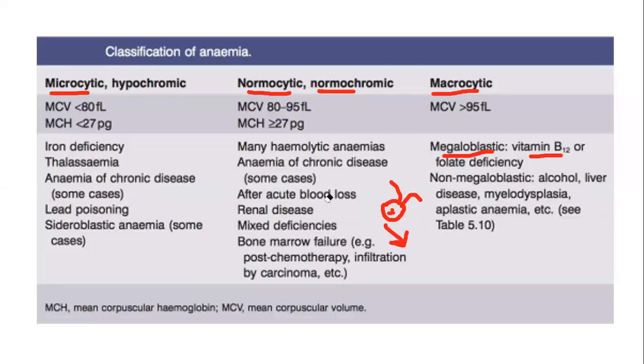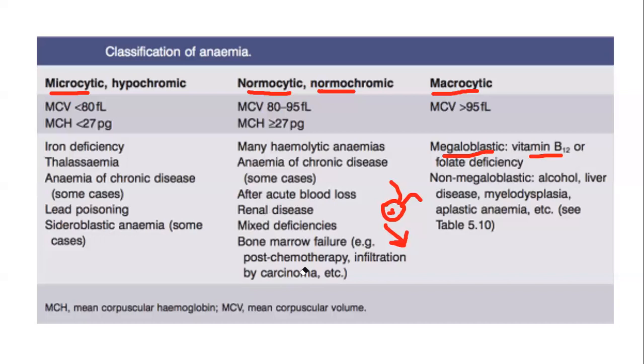So if I tell you acute blood loss, what kind of anemia develops? Normocytic, normochromic. Renal disease, normocytic, normochromic. Bone marrow failure, like post-chemotherapy.